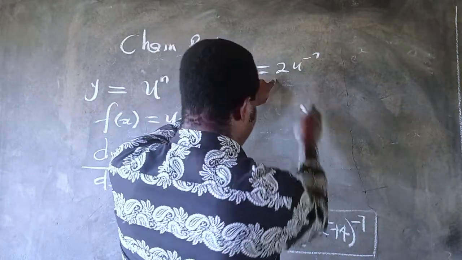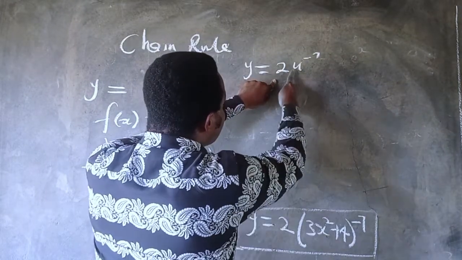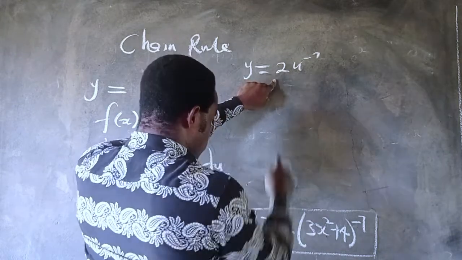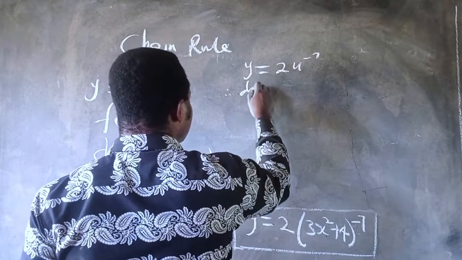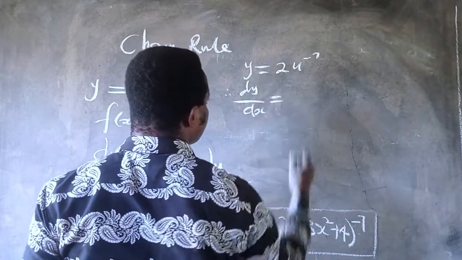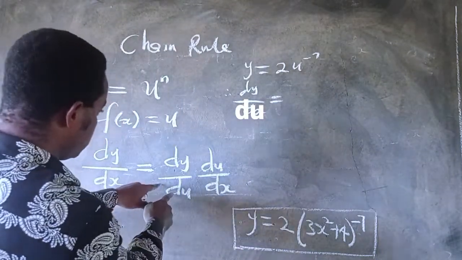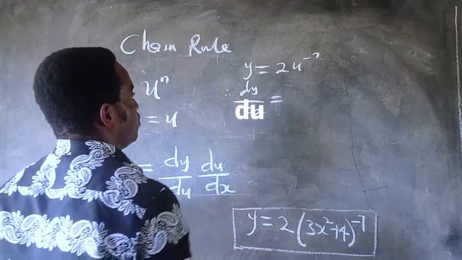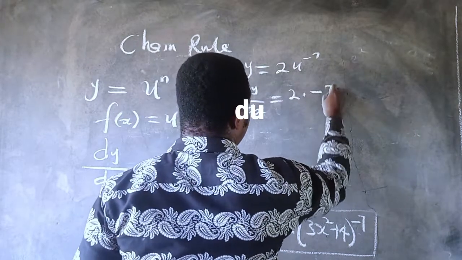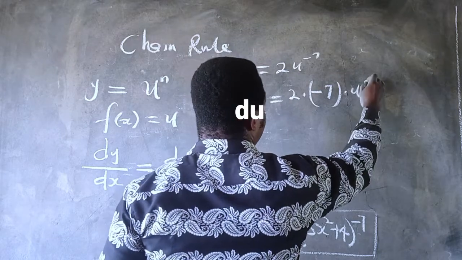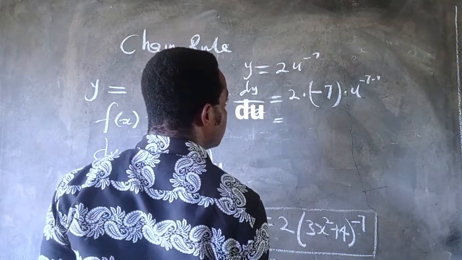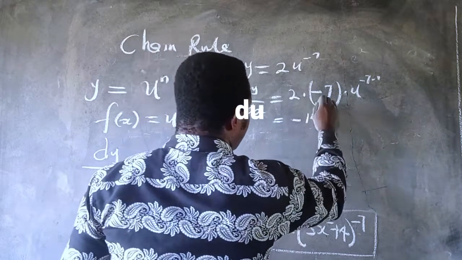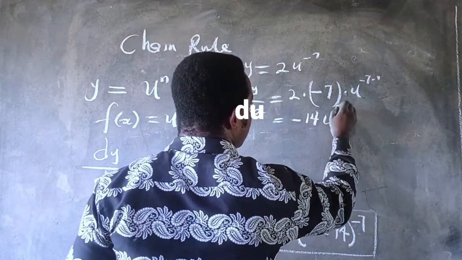Now what is y? Let our 3x raised to the power 2 plus 4 be our u. So this becomes 2u raised to the power negative 7, right? So what would be the expression for dy/du, the differential of y with respect to u, that we have in the new expression? That will be 2 multiplied by negative 7 multiplied by u raised to the power negative 7 minus 1. 2 times minus 7 is minus 14. So u raised to the power minus 8.